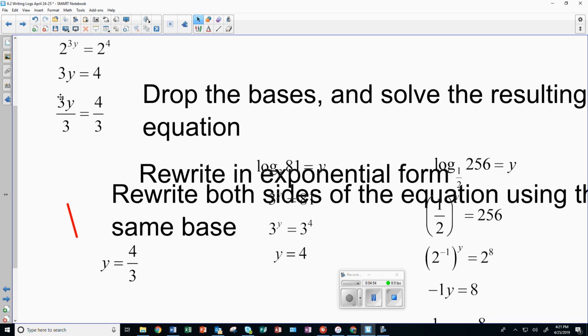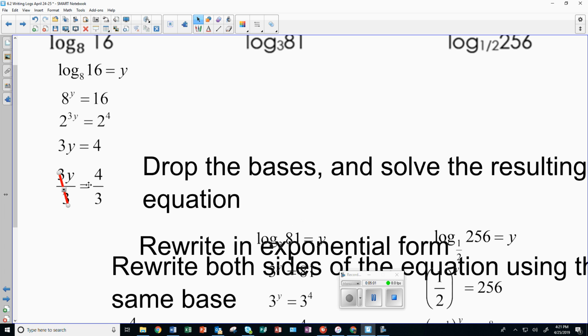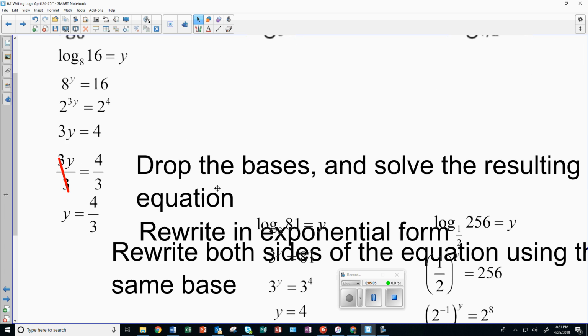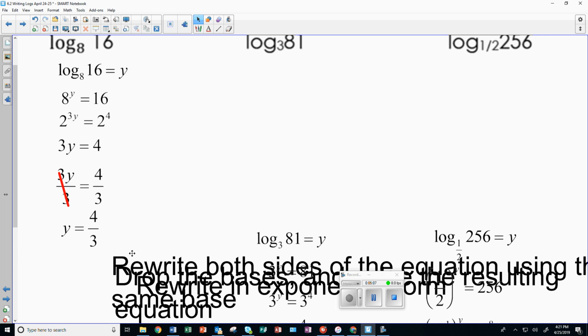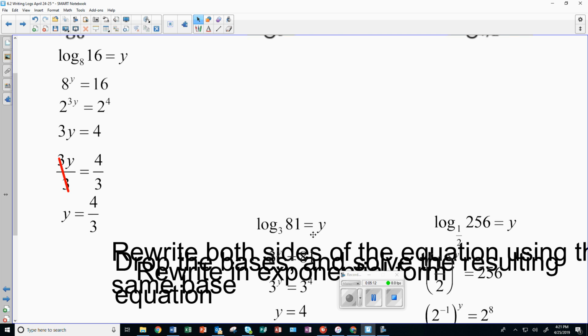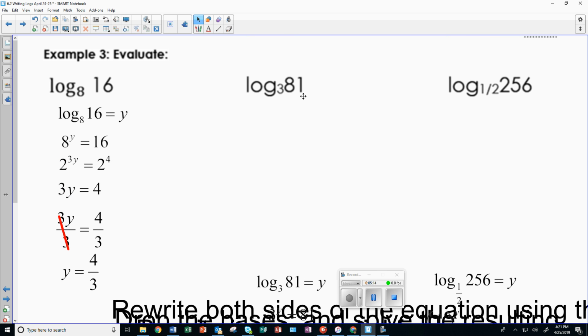Of course, you can solve this linear equation by dividing both sides by 3. So your final answer is y is equal to 3. And that's example 3.